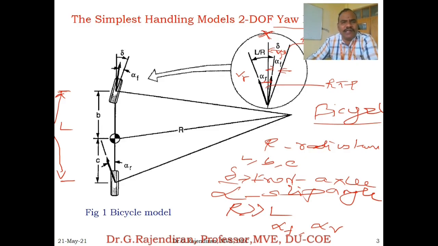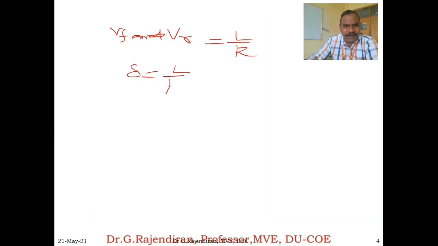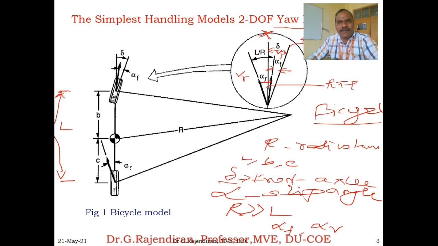So from the geometry, delta is equal to L by R plus alpha f minus alpha r. You can see from here, this delta is equal to L by R plus alpha f minus alpha r. Clear?